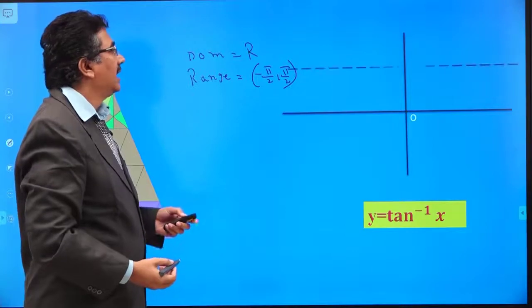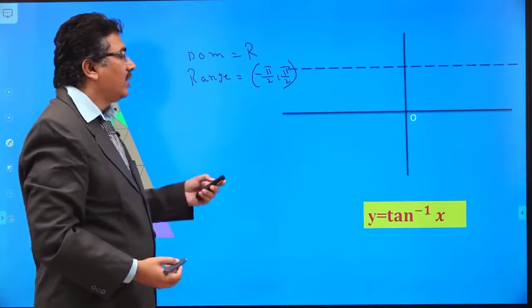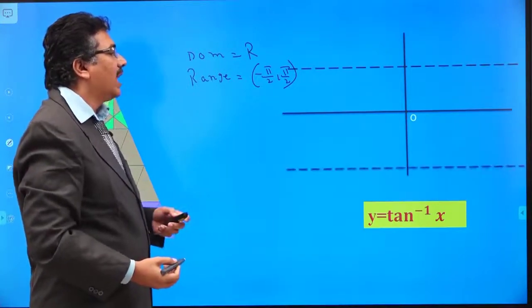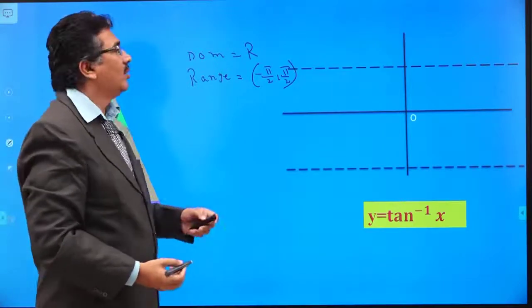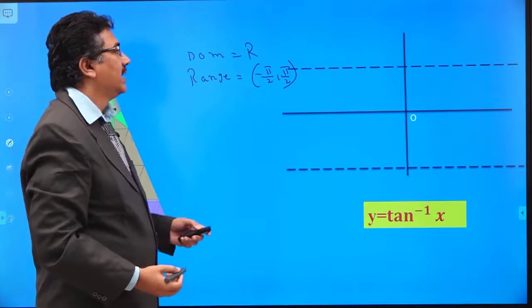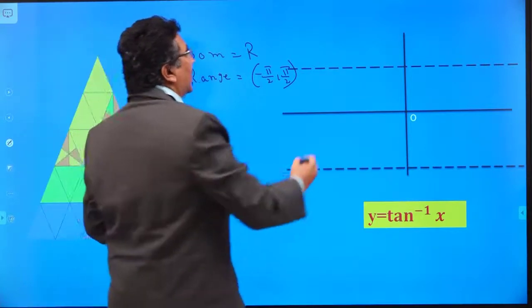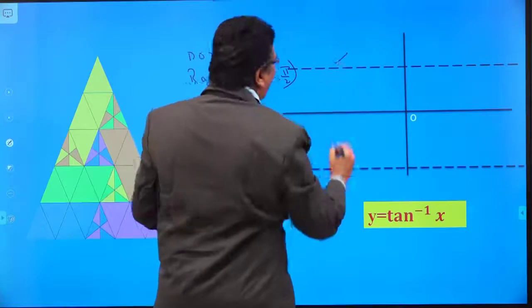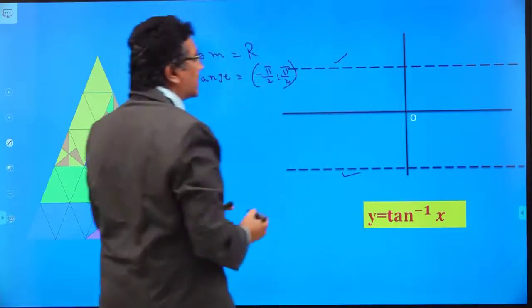Here tan pi by 2 and tan minus pi by 2 are not defined. So we draw horizontal asymptotes. These two are called asymptotes.